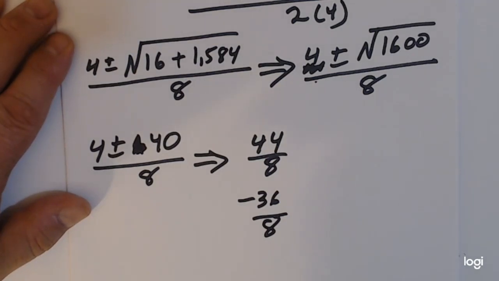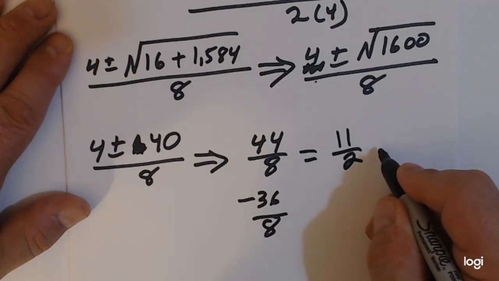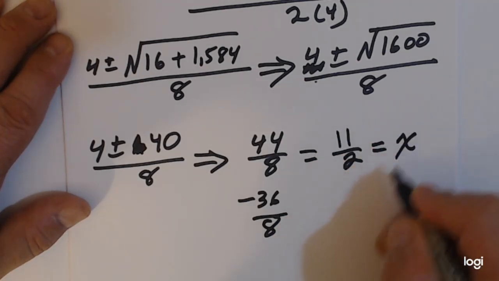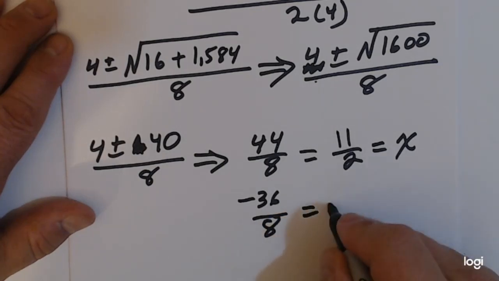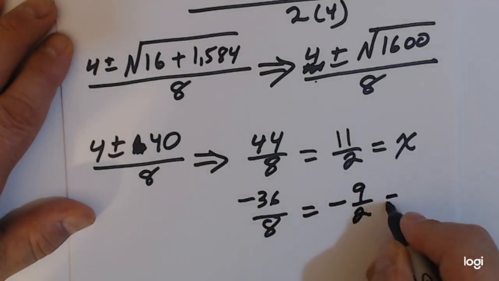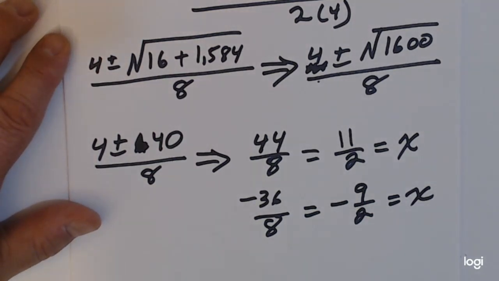Let's see, 44 over 8 reduces down to 11 halves. And negative 36 over 8 reduces down to negative 9 halves. So we have our two x values.